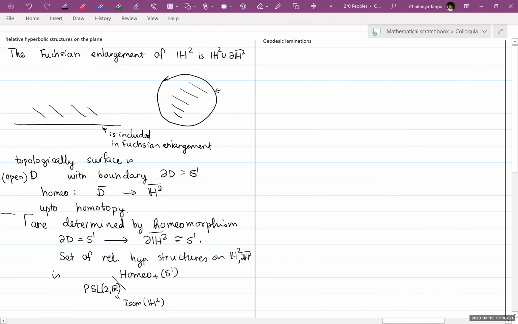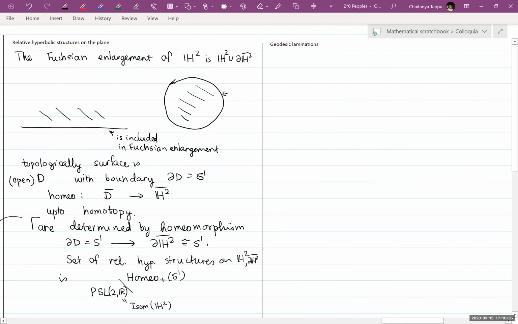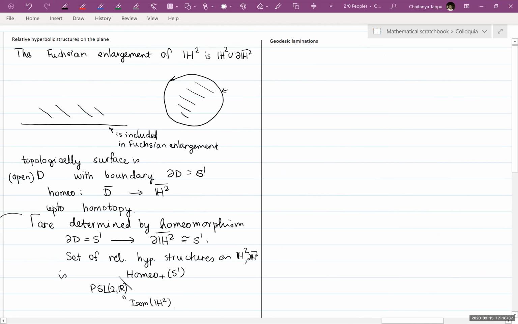Okay, so what's an earthquake and how does it allow you to change this hyperbolic structure? So an earthquake is twisting along a geodesic. I'm going to focus on the case of the hyperbolic plane right now. Unlike compact surfaces, the hyperbolic plane does not have any closed geodesic, a geodesic that comes up and intersects itself.